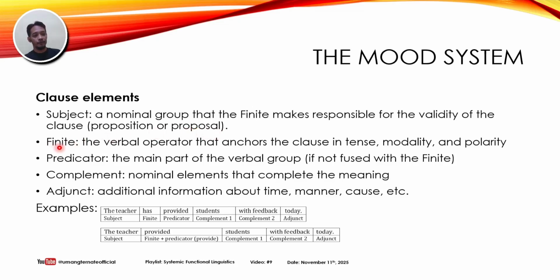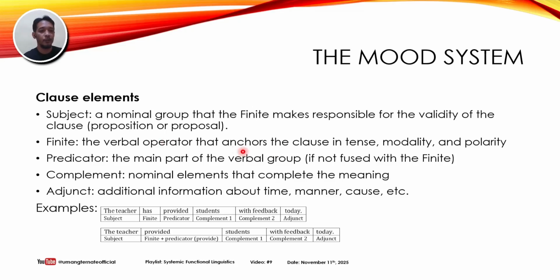And then finite. Finite is the verbal operator, which is part of the verbal group in the clause, that anchors the clause in tense, modality, and polarity. Okay, so the finite, we have discussed this in the last video, especially when we talk about the rank scale and clause boundary, if I am not mistaken.